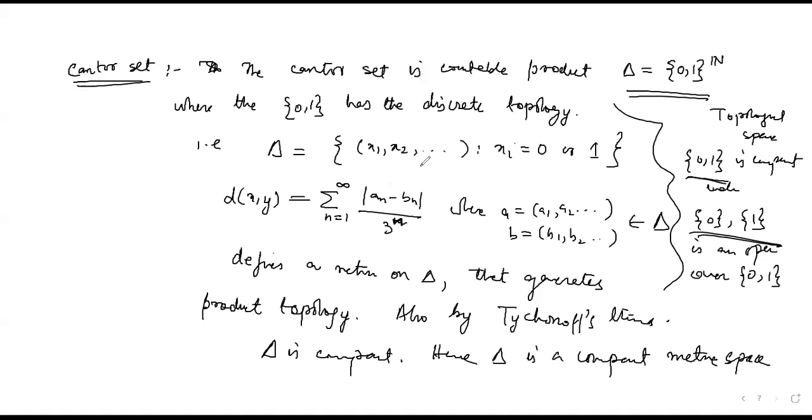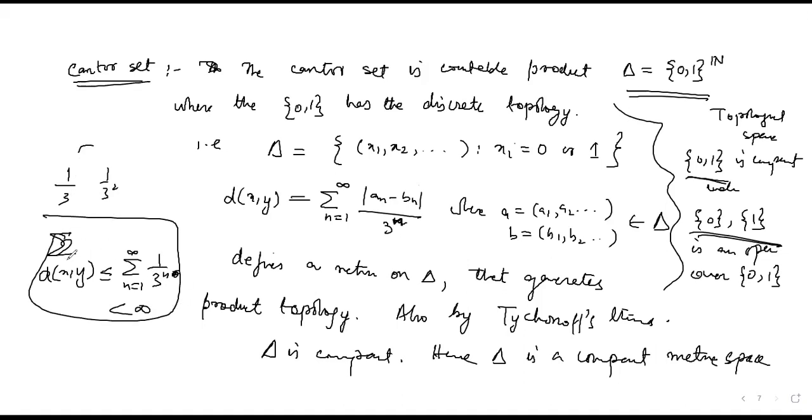In case both are 1, that term also does not count. If one is 1 and the other is 0, you will get something like 1/3 or 1/3 squared. Otherwise it is 0. So this d(a, b) is always less than or equal to the summation, n runs from 1, of 1/3^n, which is a geometric series with common ratio less than 1. So this is finite, and there is no issue with finiteness.